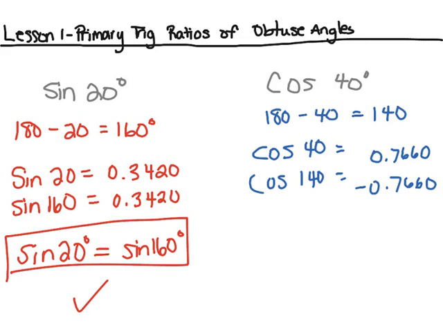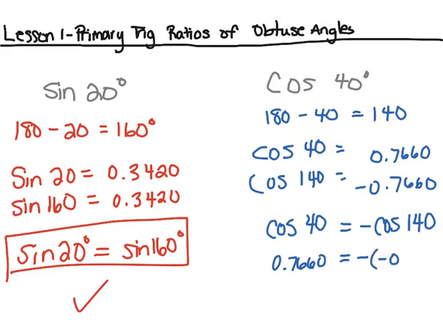We remember that we want to have the cos of 40 to be equal to the negative cos of 140. We'll just show that. So we have 0.7660 is equal to negative 0.7660. Two negatives make a positive, so these are in fact equal. So this is your answer.